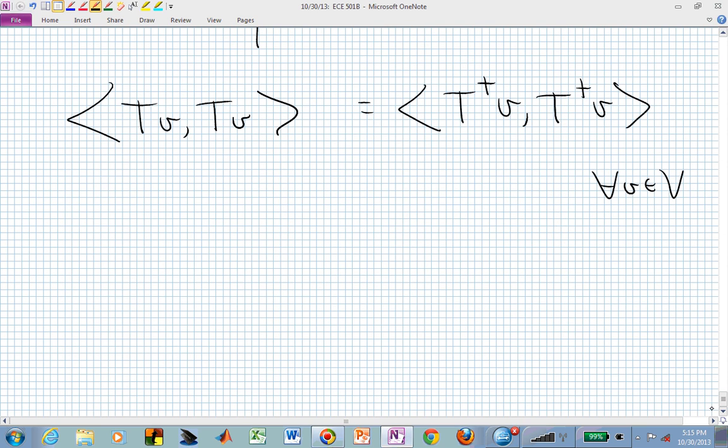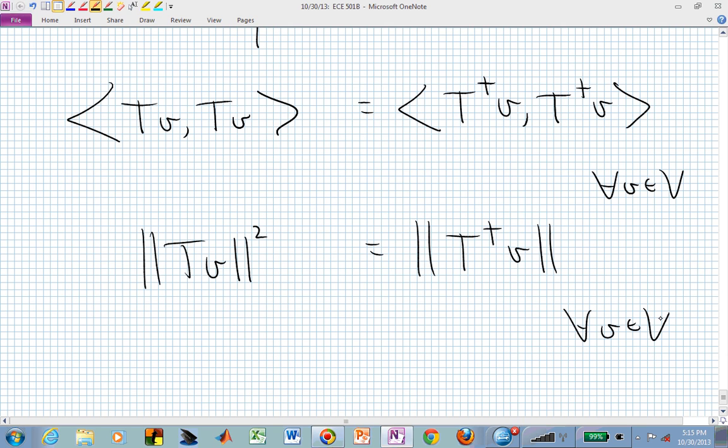But what is that on the left? That's the norm squared of TV, isn't it? What's on the right? The norm squared of T dagger V. And they're equal for all V. And isn't that, bless you, what I wanted to show, wasn't it?